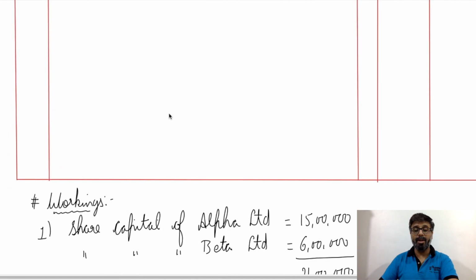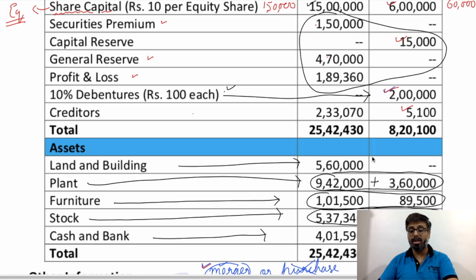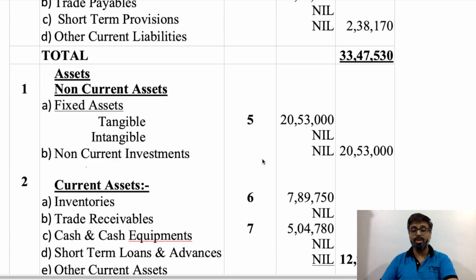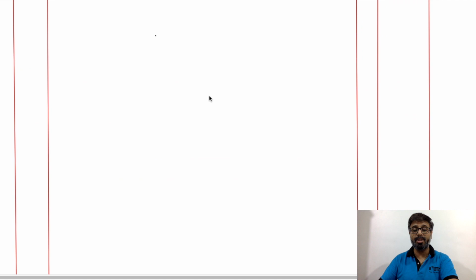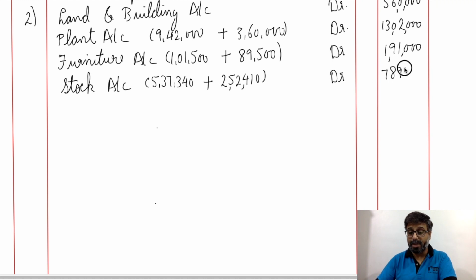Okay, write down in bracket 537,340 plus what is Beta Limited's stock? 252,410. Okay. So 5 plus 2, 7, 730, 780, 787, 789,750.